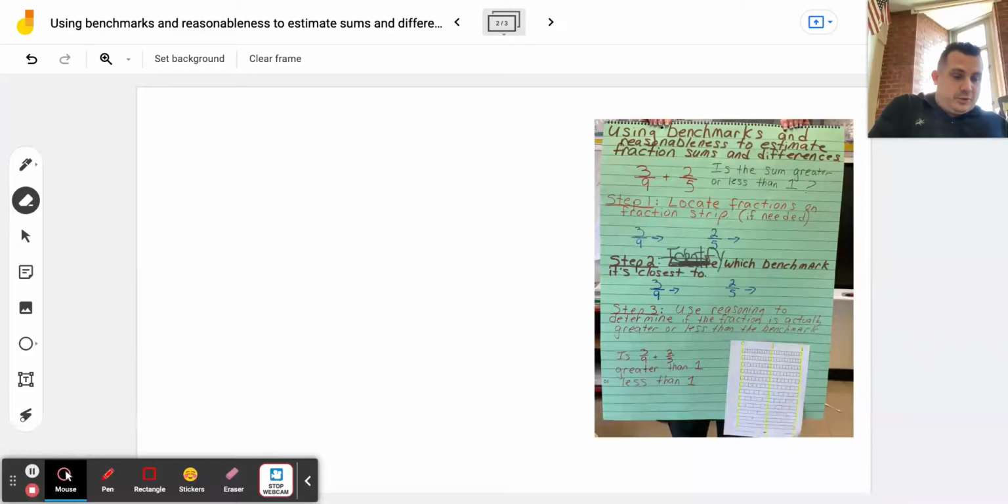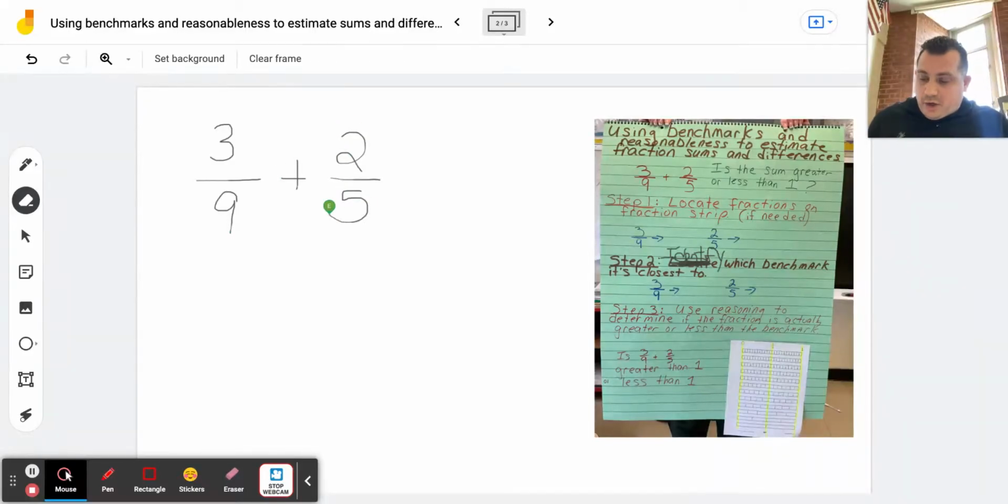So here we go. The one question that we're going to go over is 3/9 plus 2/5. And we're going to use reasonableness, or reasoning, to see: is the answer here, the sum, going to be greater than or less than 1?